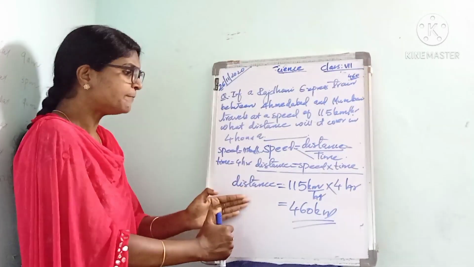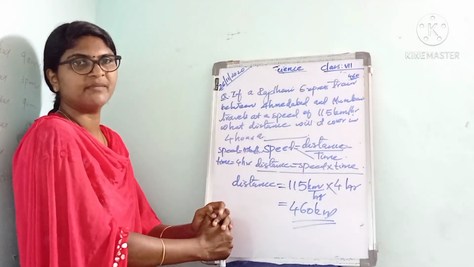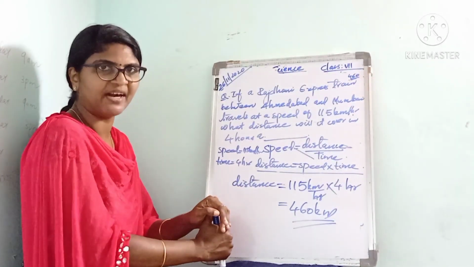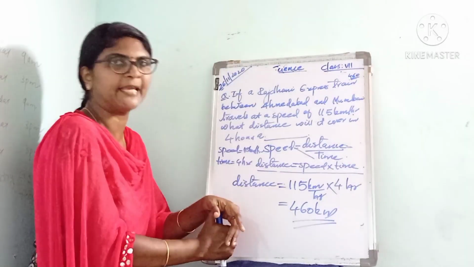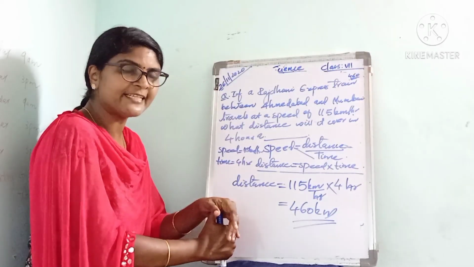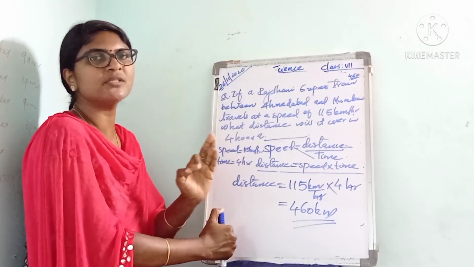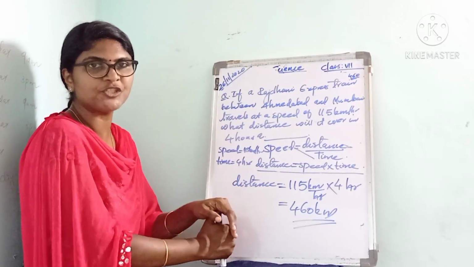Listen, here the speed is known, so we can calculate the distance. If the speed of an object is given, then distance equals speed into time.